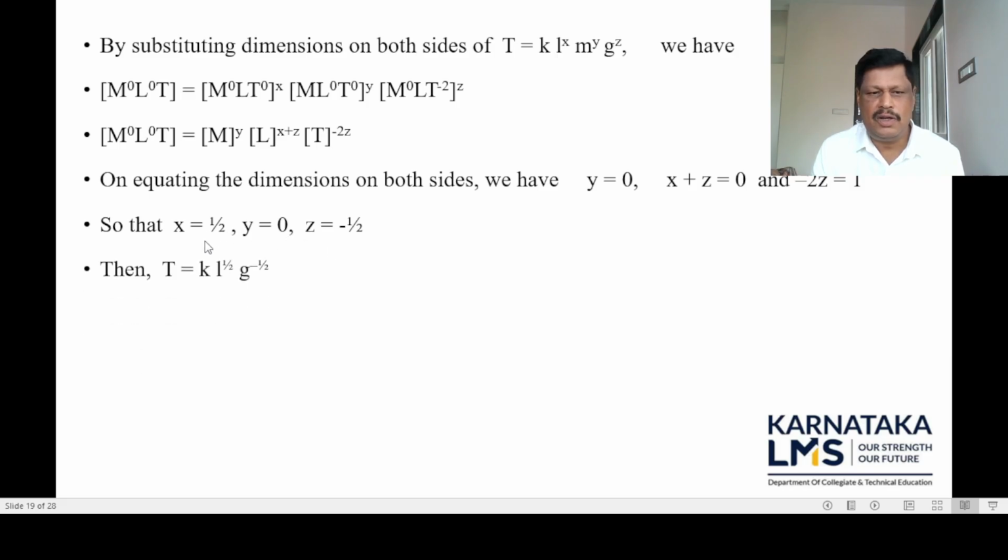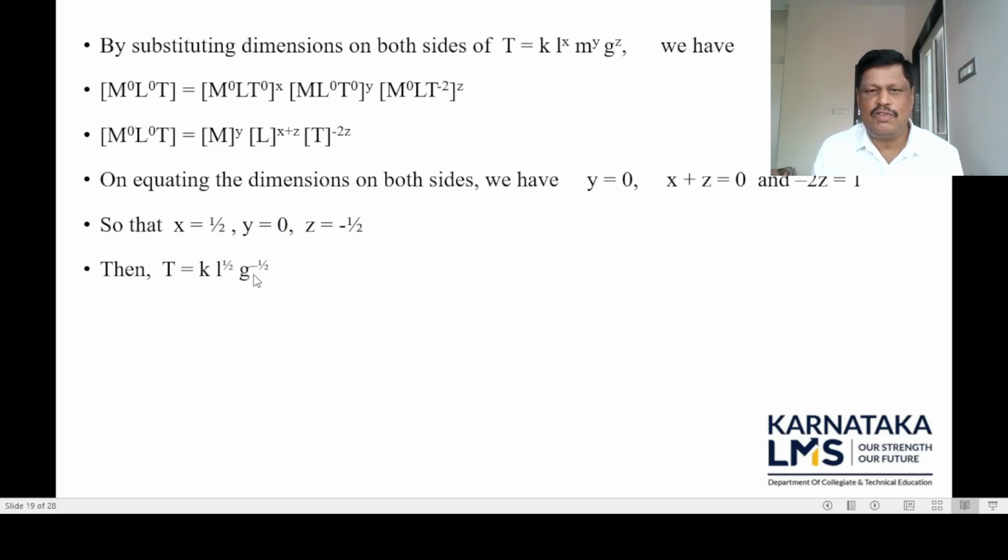Substitute all the values of x, y and z in the above equation T equals k L to the power of x, m to the power of y, g to the power of z. We get T is equal to k into L to the power of half, m to the power of 0. Therefore, there is no mass term.